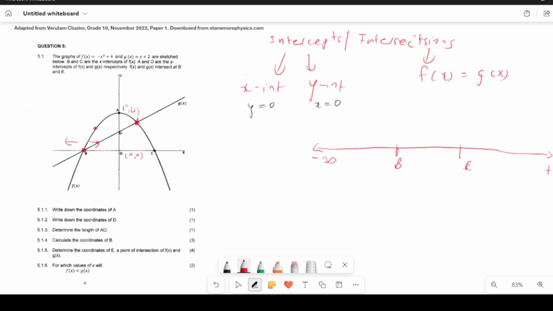Now, simply what this question is asking us, remember they're asking us what values. The fact that they're asking us means that there's a range of values, a set of values that satisfy the statement.